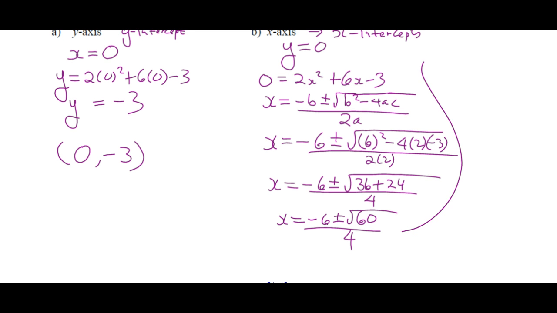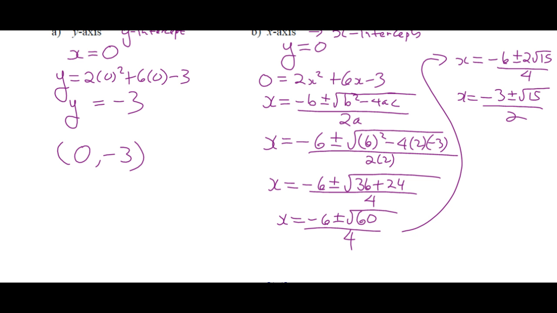Largest perfect square that goes into 60 is probably 4, right? So we got 6, 2 root 15, over 4. Reducing, come up with that, which amazingly agrees with what I have here.